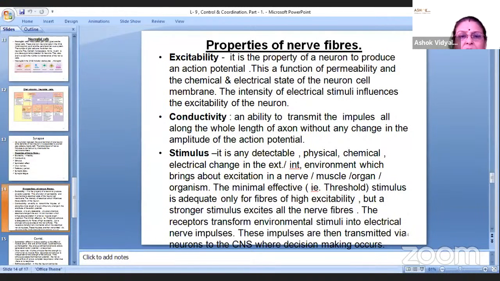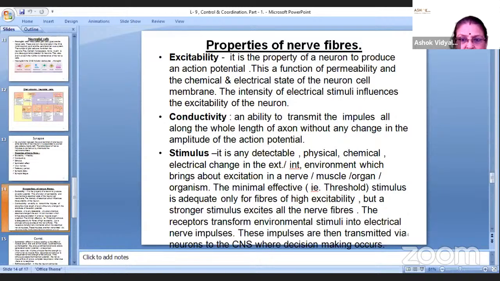The receptors transform environmental stimuli into electrical nerve impulses. These impulses are then transmitted via neurons to the CNS where decision making occurs. Okay, so students, what we have seen: excitability, the stimulus. It is getting an impulse, then this impulse has to be conducted.